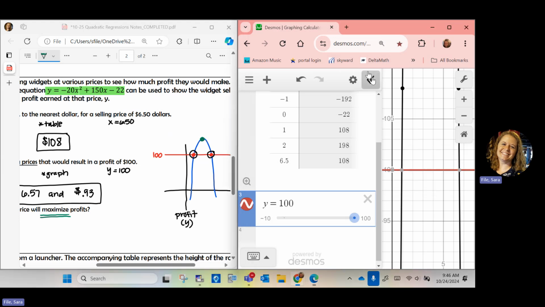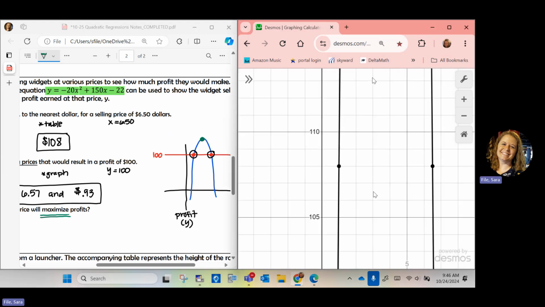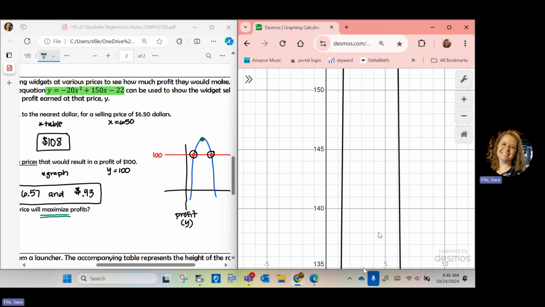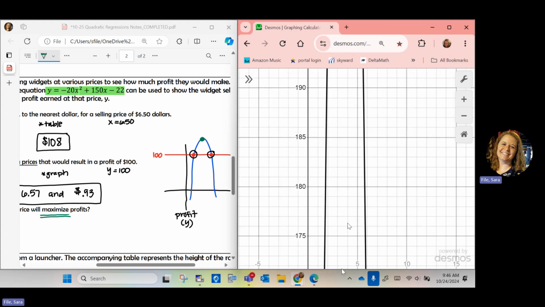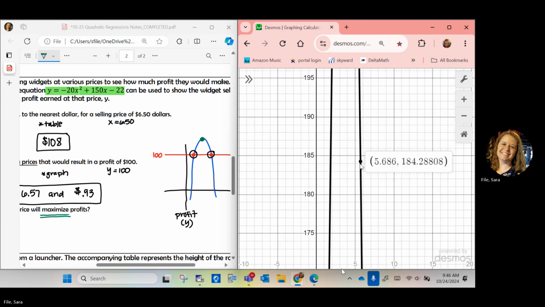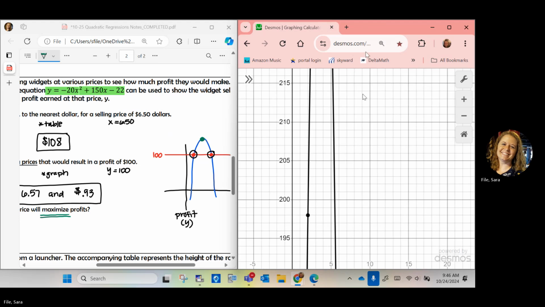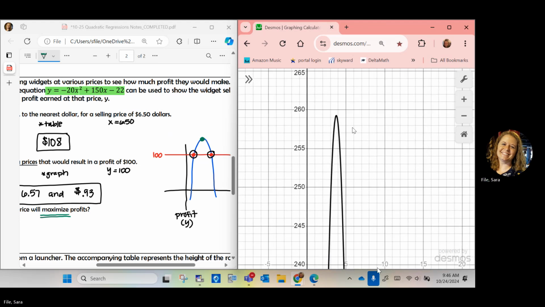So I'm going to come over here to my graph. You can zoom out, you can scroll, however you want to do it. Find that maximum. It's up here. There's the maximum. So I'm going to write that ordered pair.